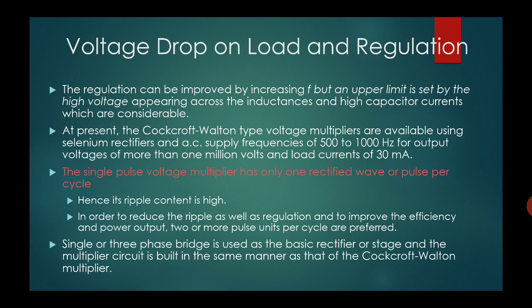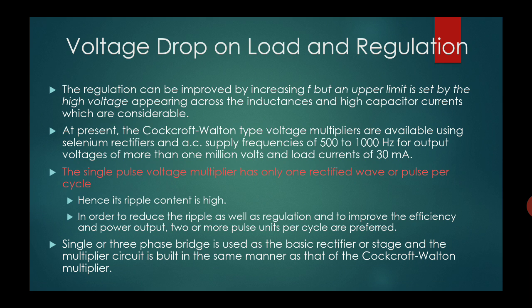So by increasing the frequency you can reduce the regulation, but what happens is that the impedance of the inductor, that is 2 pi f L, will also increase. So a high voltage will appear across the inductor.